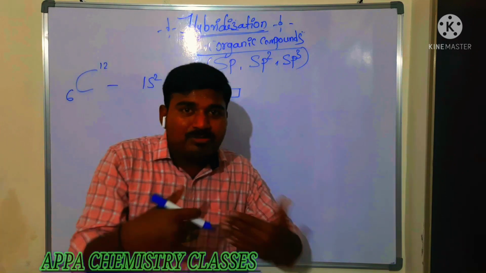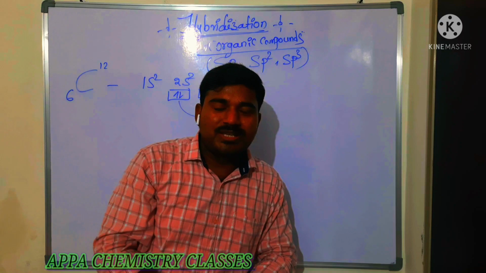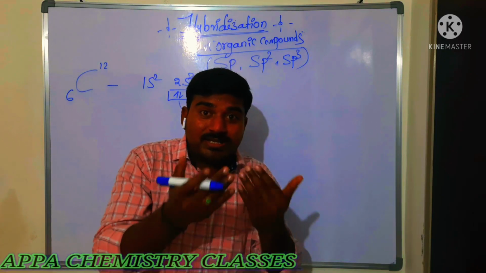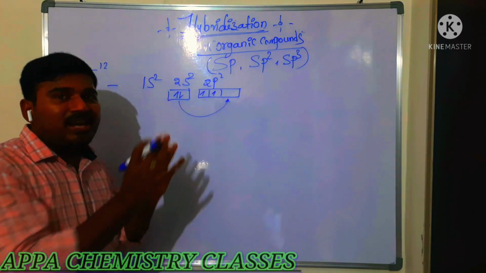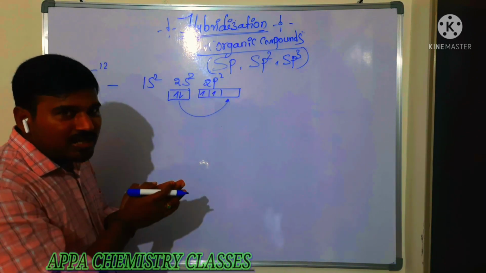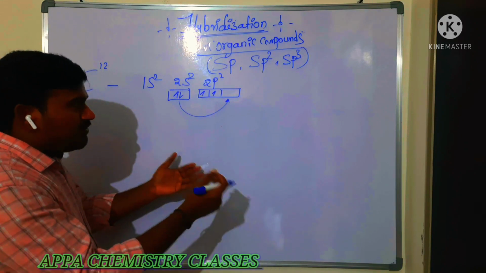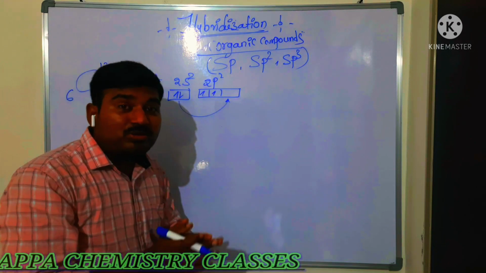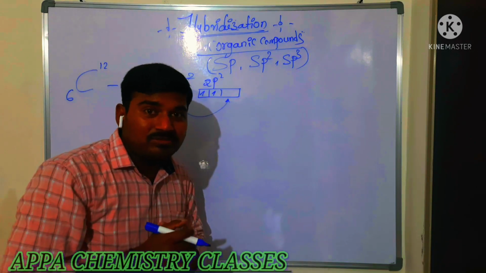Whenever it forms bonds with other atoms, energy is released, and that released energy is utilized by the atom to excite the electron. That is very important. No one will supply the energy. After formation of the bond, the released energy is utilized for the excitation of the electron.